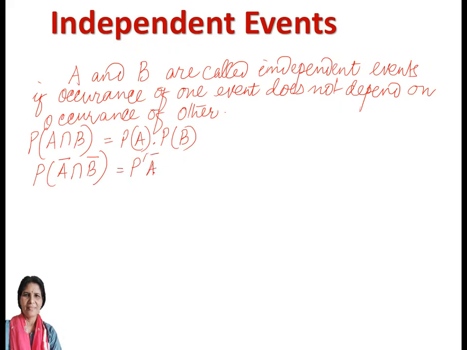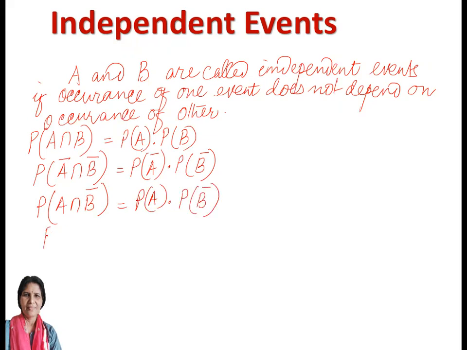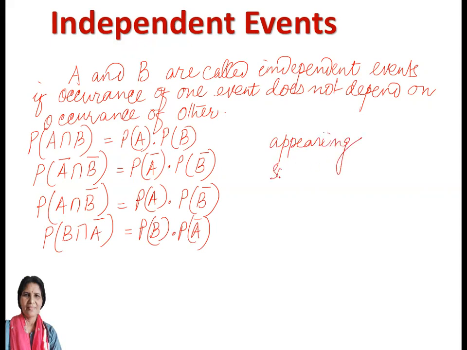So we write P not A multiplied by P not B. In the same way, suppose only A is occurring, B is not occurring, that means this is the product of probability of A multiplied by probability of not B. Then B is occurring, but A is not occurring, that is PB multiplied by P not A. And commonly we use this concept when two students are appearing in a test, appearing in JEE, or they are solving a problem.